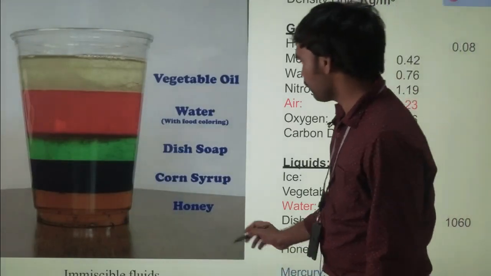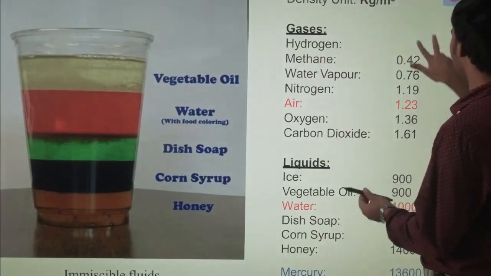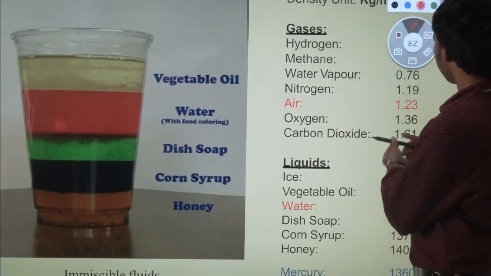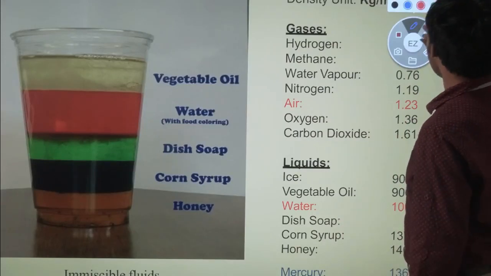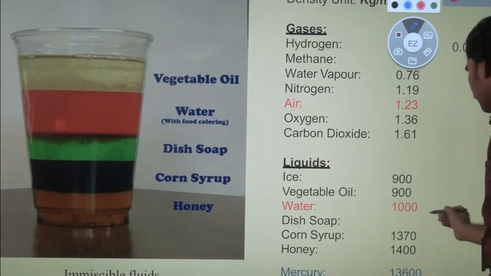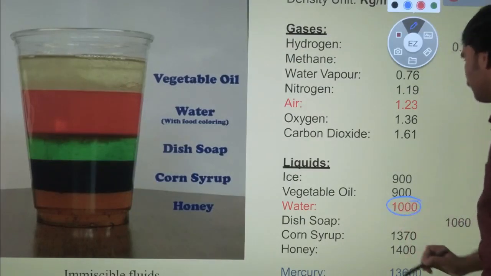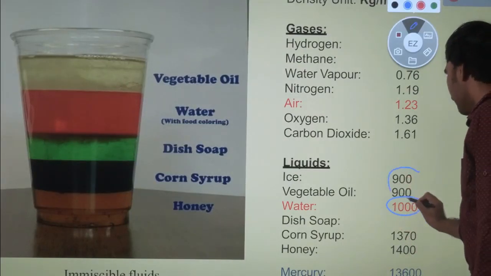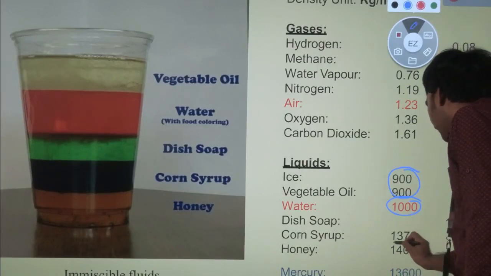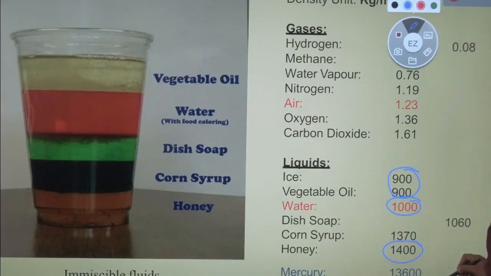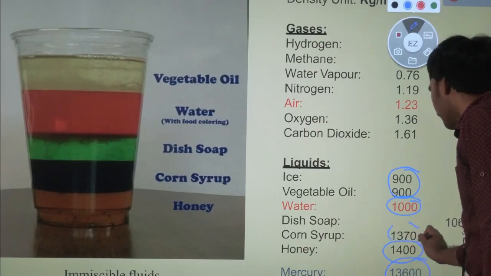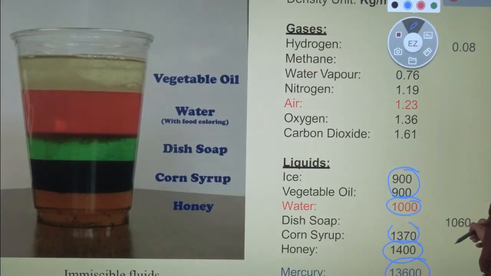If you see here, honey has a higher density. These are some of the fluids with different densities. The water density is 1000 kg per meter cube, and the ice and vegetable oil have 900 kg per meter cube. Honey density is 1400 kg per meter cube. The density of mercury is 13,600, and corn syrup is 1370 kg per meter cube.